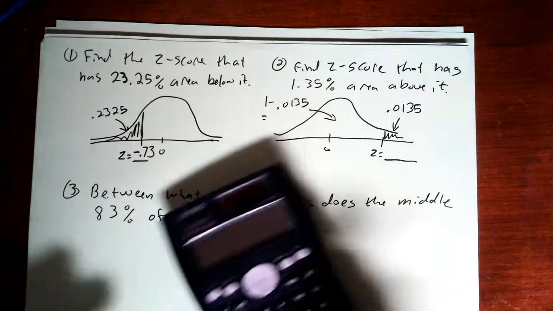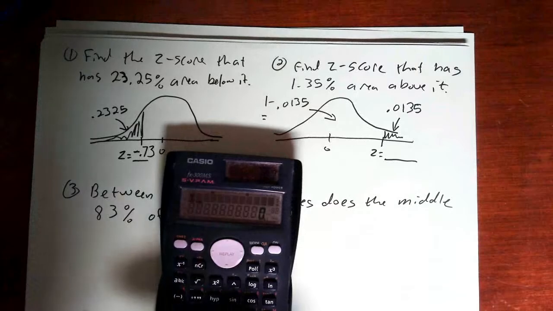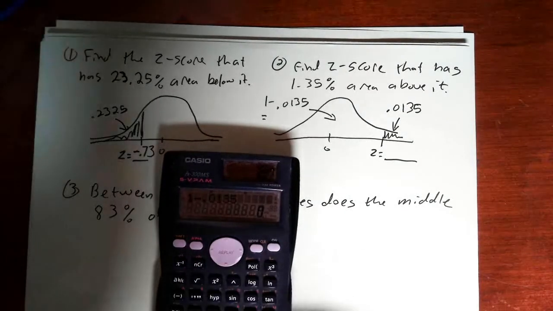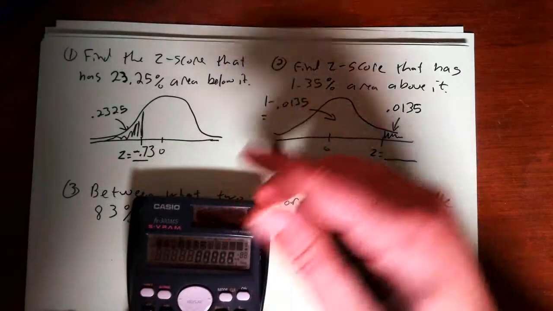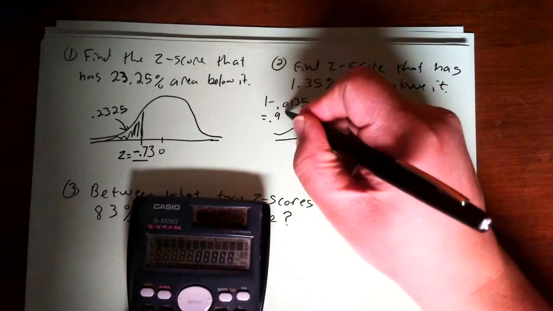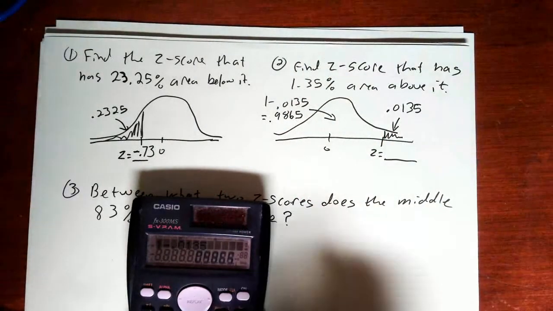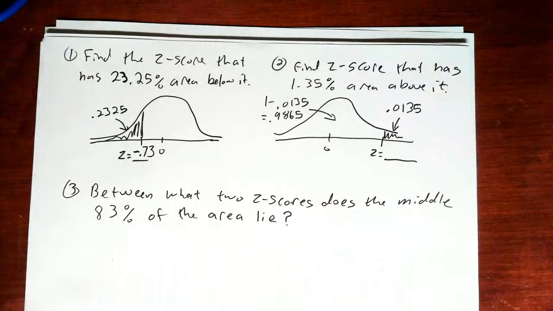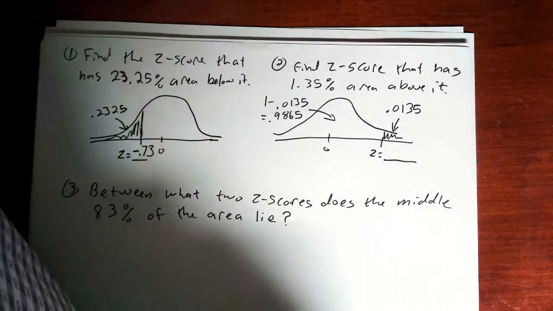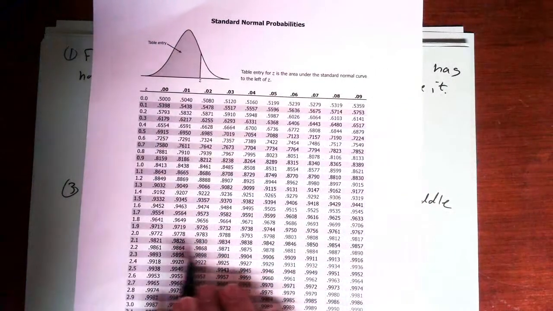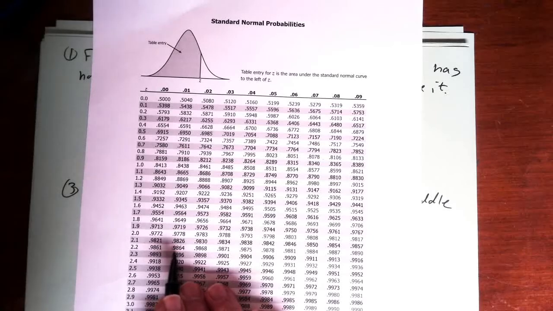I get 1 minus 0.0135, and it looks like I get 0.9865. So that's what I'm going to look up and try to find the one that comes closest. I'm going to look that up on the positive side. 9865, 0.98, ooh, this one comes really close, 0.9864.